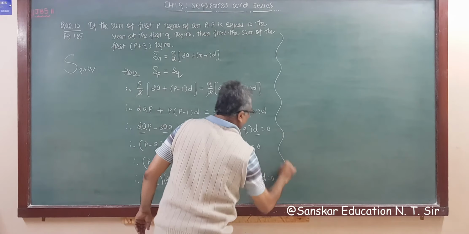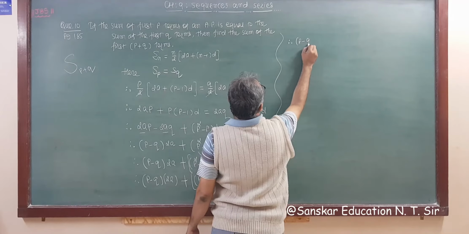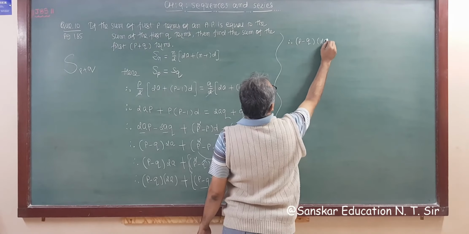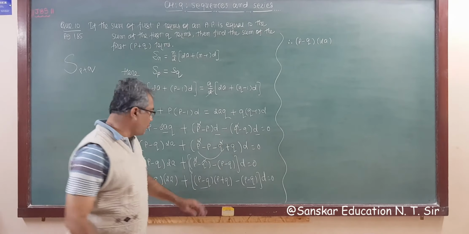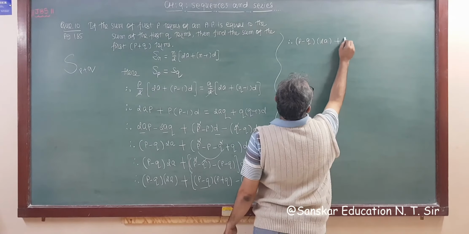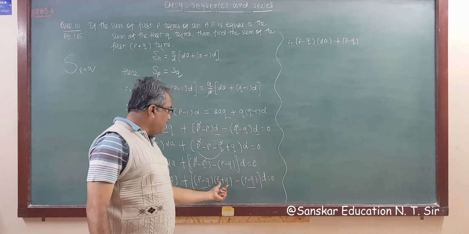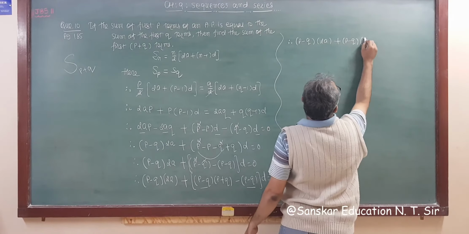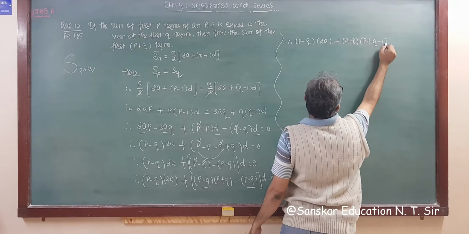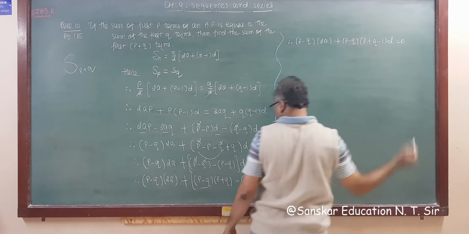Therefore, what we get? p minus q into twice a, right? This term is as it is. Taking p minus q common, the remaining term will be p plus q minus 1, so p plus q minus 1 into d is equal to 0.